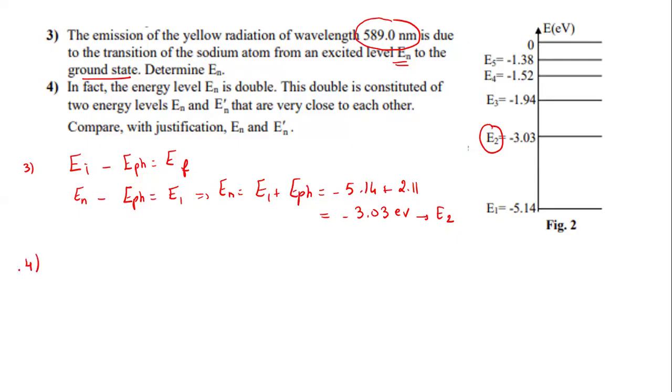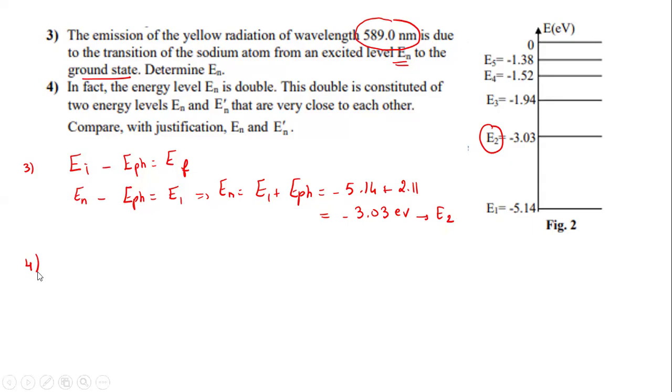Part 4. In fact, the energy level En, which is the E2 we found, is double. This double is actually constituted of two energy levels, En and E prime N, that are very close to each other. Why?